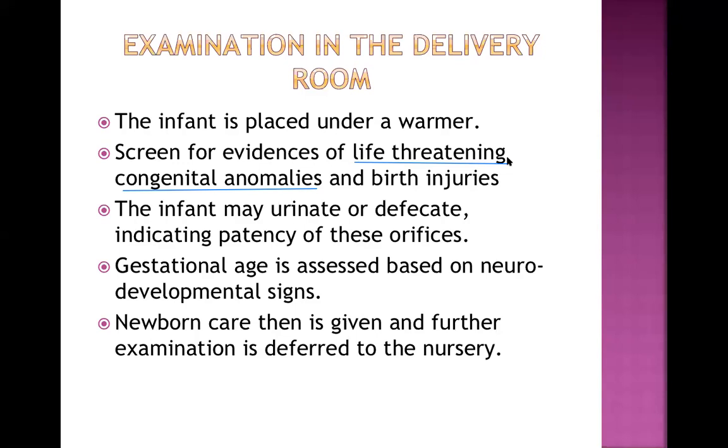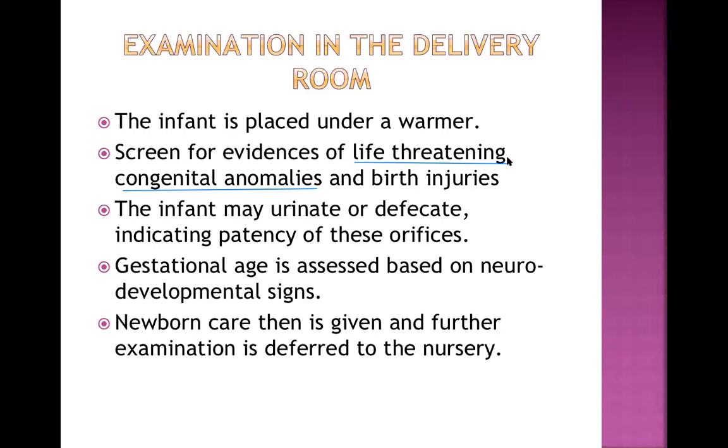Another is spina bifida, a very severe type. There are different types of spina bifida, but the severe types I'm talking about are meningomyelocele and myelocele. These are the very severe ones. Another is gastroschisis.